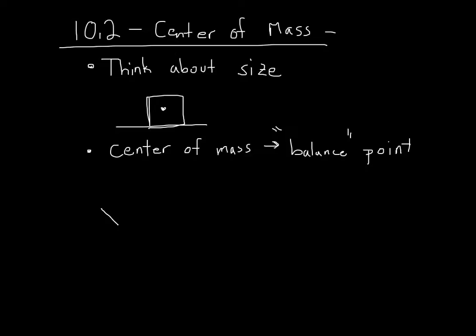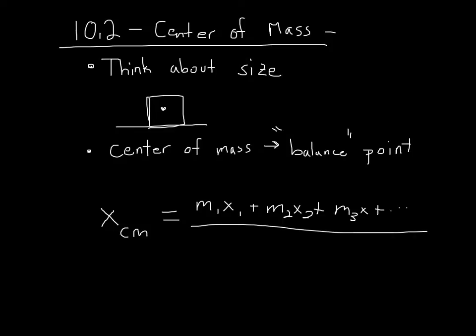We can write this algebraically, and we can find the position of the center of mass, x of the center of mass of some object, is equal to a bunch of tiny little point particles, maybe one that's mass 1 at a position x1, plus mass 2 at a position x2, plus mass 3 at a position x3, and we can keep going so on and so forth, all divided by the total mass. So the position that I have is scaled by each mass contribution of tiny little particles and where those particles are.